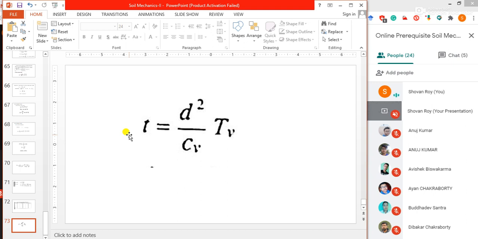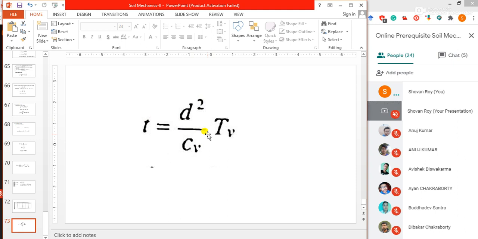Again, I am repeating, since TV is constant for a given degree of consolidation and given boundary conditions of the problem under consideration, the time required is directly proportional to the square of its drainage path and inversely proportional to the coefficient of consolidation.